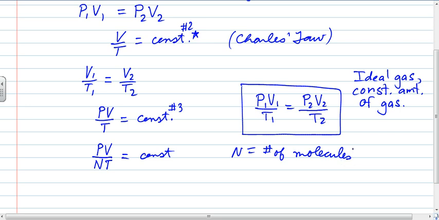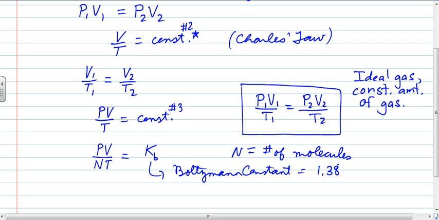We can kind of relate this to a constant that we know about, and it turns out that this constant right here, Kb, is called the Boltzmann constant, and it has the value of 1.38 times 10 to the negative 23rd joules per Kelvin. So the units of that look a little bit weird, but they do work out.